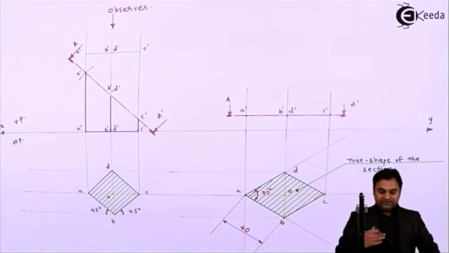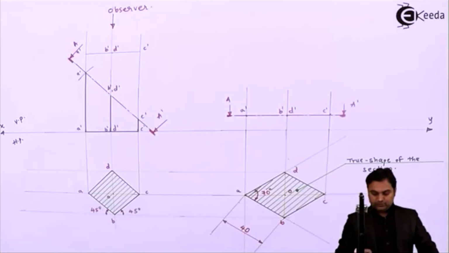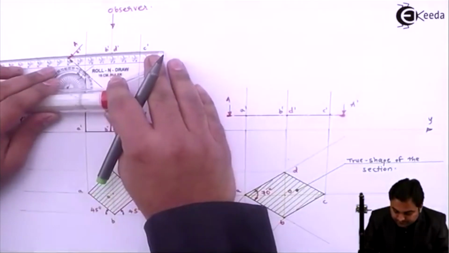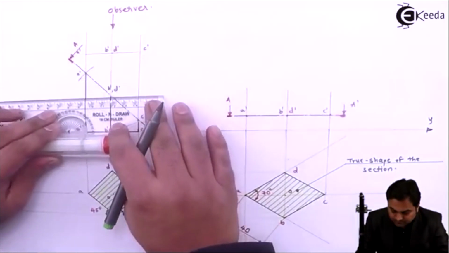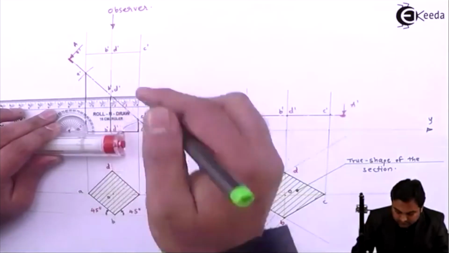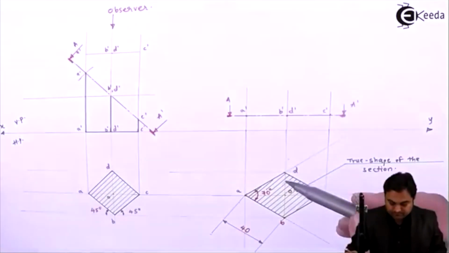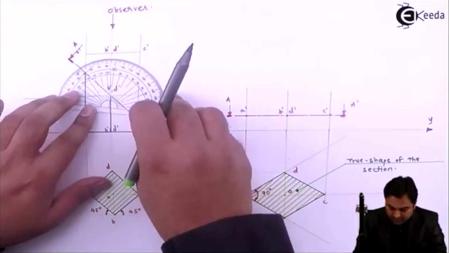Next, after completing the front view, the sectional top view and the true shape of the section, the next thing is to measure the inclination of this cutting plane. And for that, I'll draw a light horizontal line, measuring the angle here.